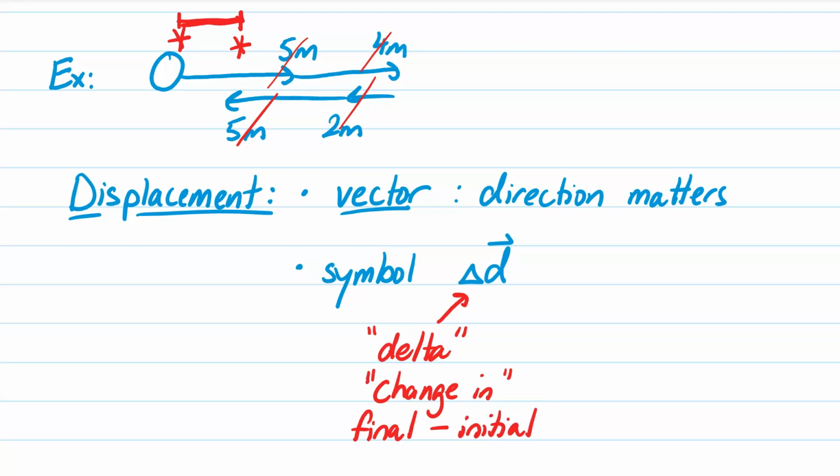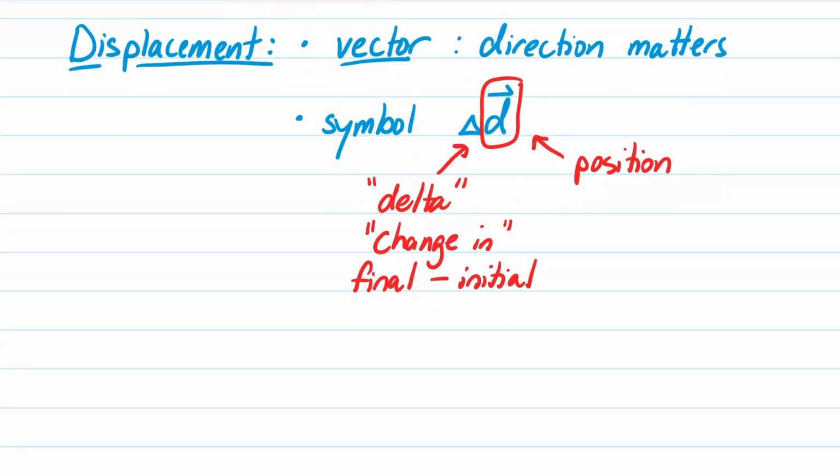As far as the d with an arrow on top, that is the symbol for position. So putting that all together gives you the definition of displacement. The definition is actually its symbol: you have the change in position.